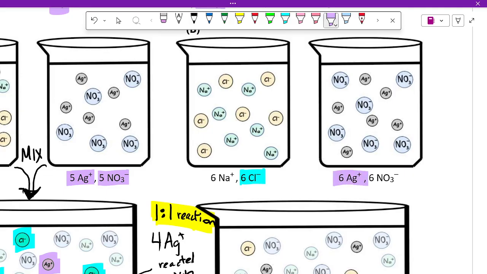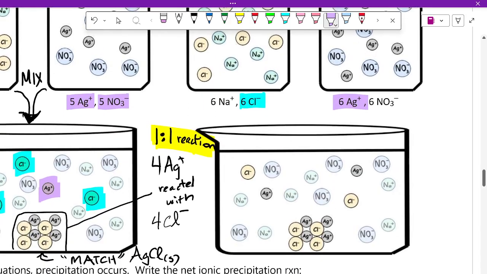And so when I react them, they still react 1-to-1. And I end up with 2 chlorides left over and 2 silvers left over.